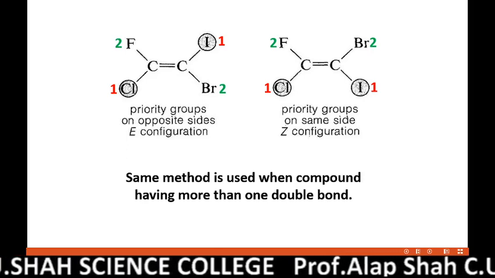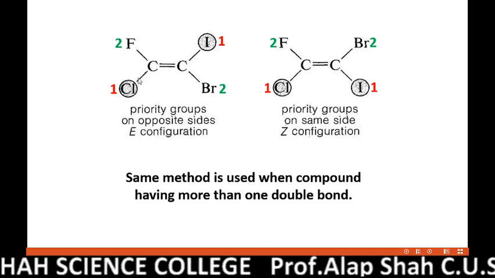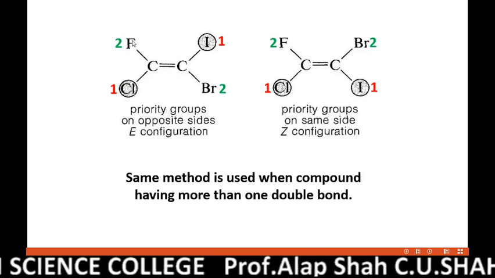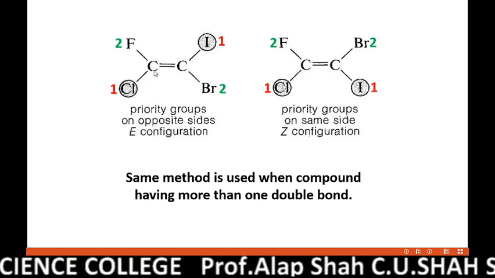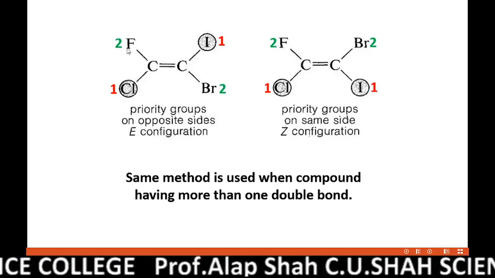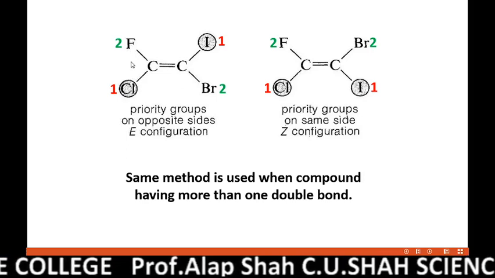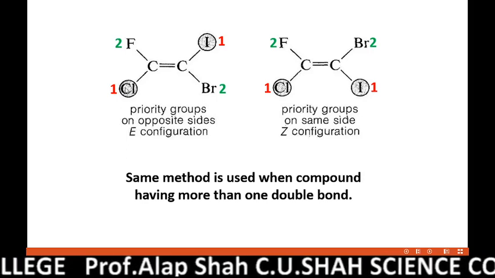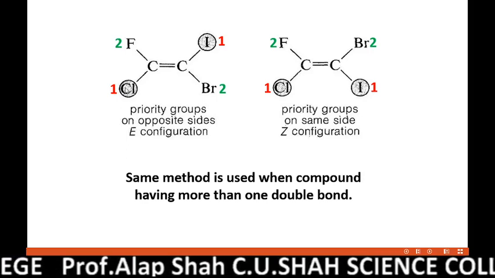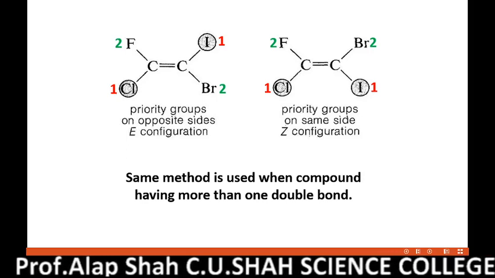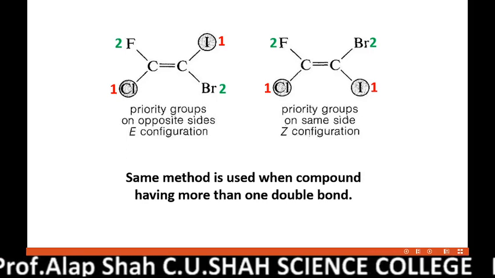So as I explained, first let us discuss the priority of the groups attached to both doubly bonded carbons individually. So chloro and fluoro group. Chlorine is the 17th element. Let me remind you, how can we determine priority? The more the atomic number of the atom, the more will be the priority.